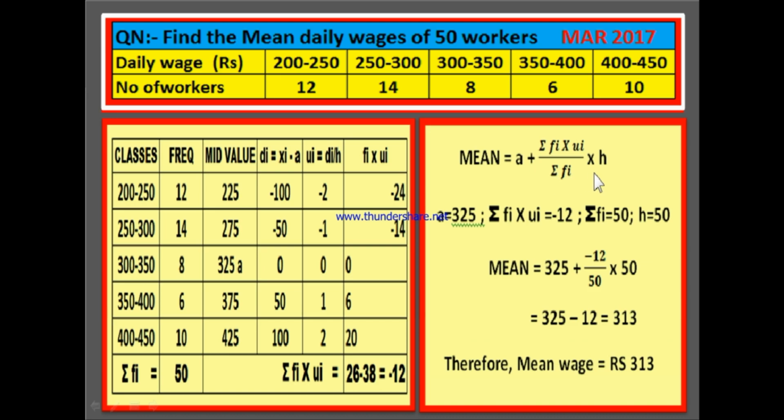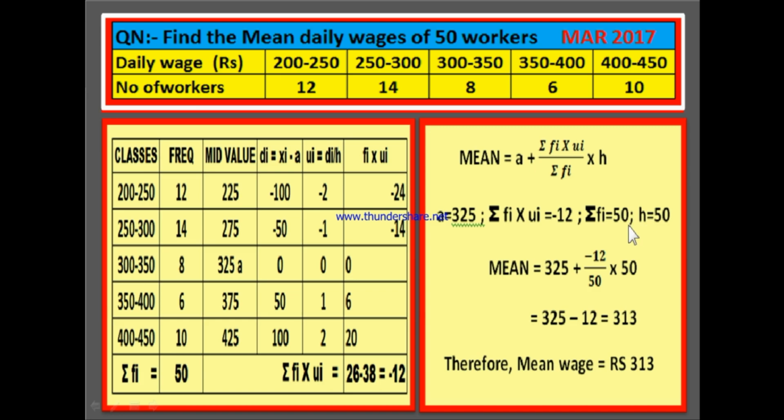In step deviation method, AM is equal to A plus sigma fi ui by sigma fi into h. Here A means assumed mean, which is 325. Sigma fi ui is -12, sigma fi is 50, and h means height of the class, which is equal to 50.